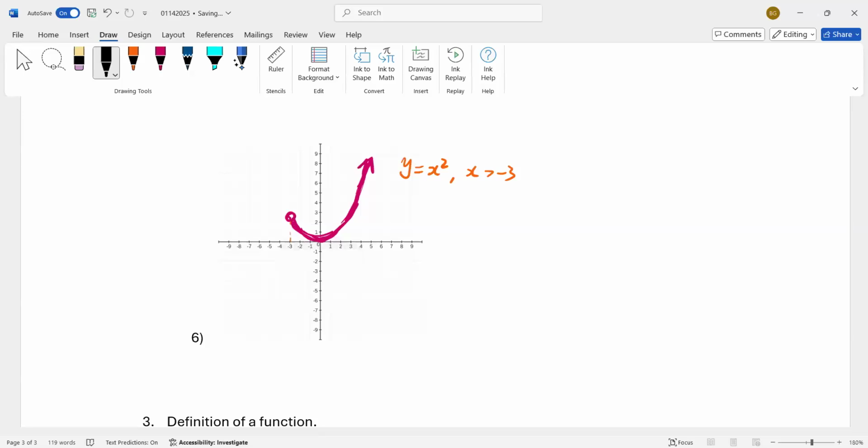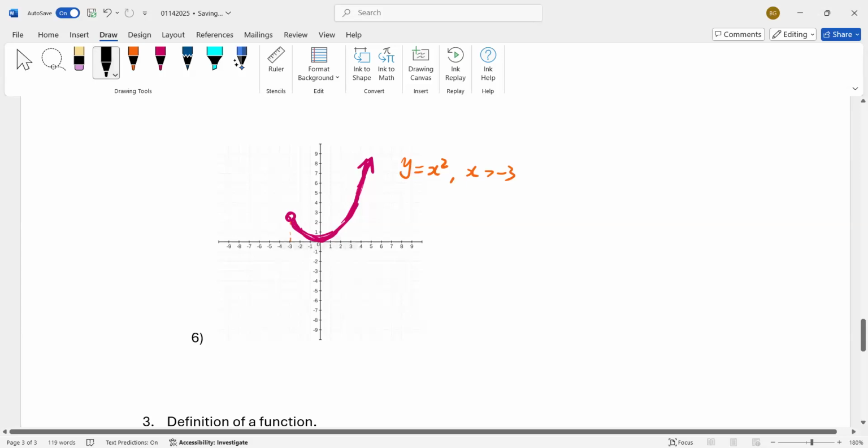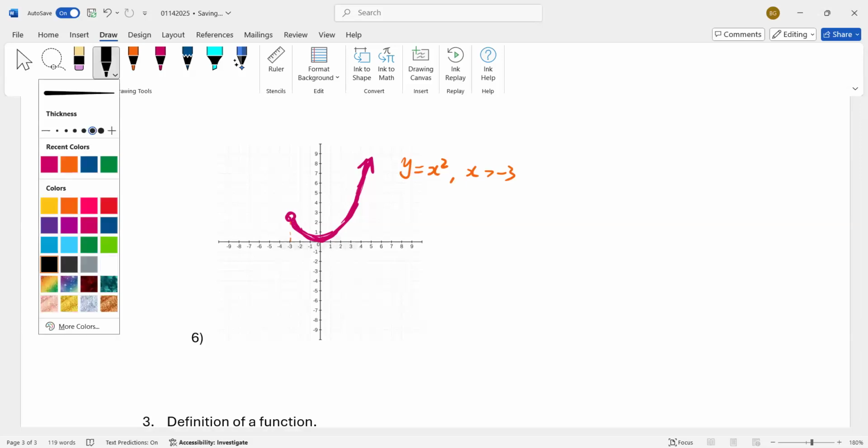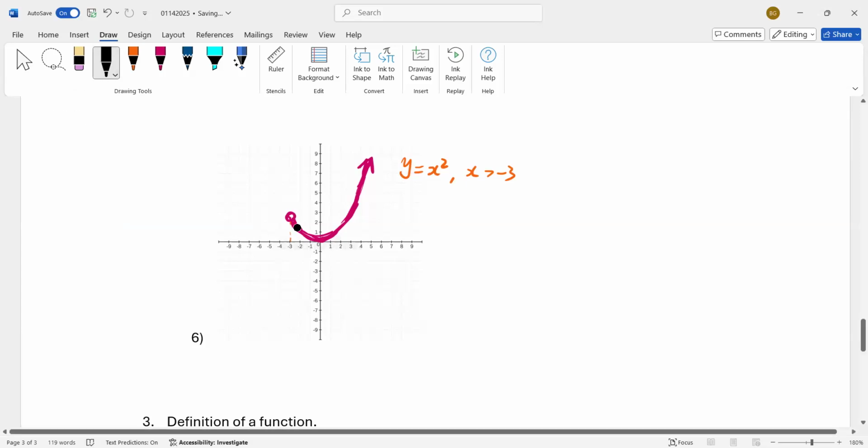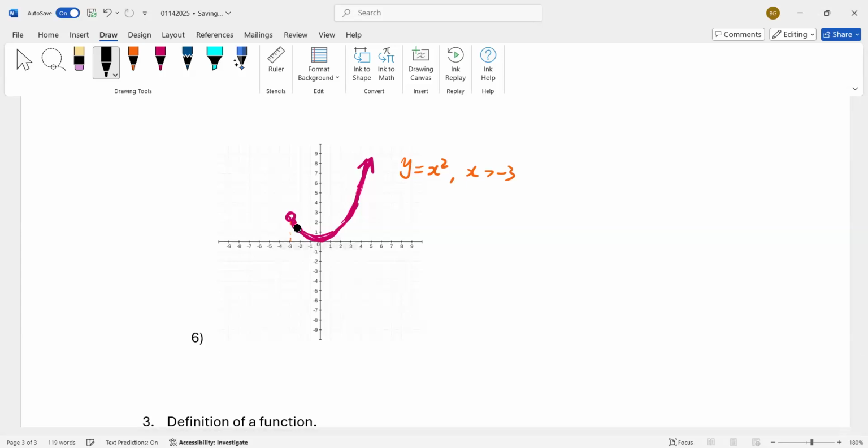Yeah, let's go back to relation. Relation is anything that can be written as a set of ordered pairs. Do you see a relation? No? So what's the graph?